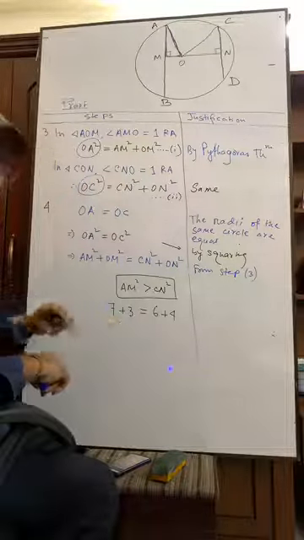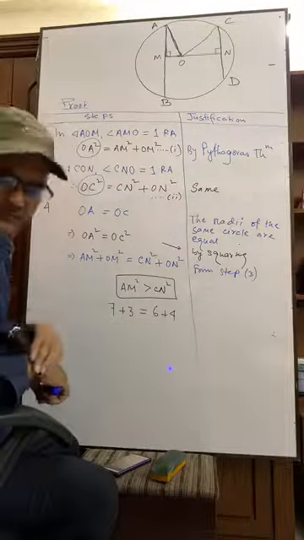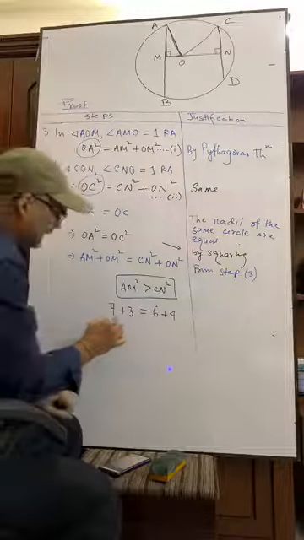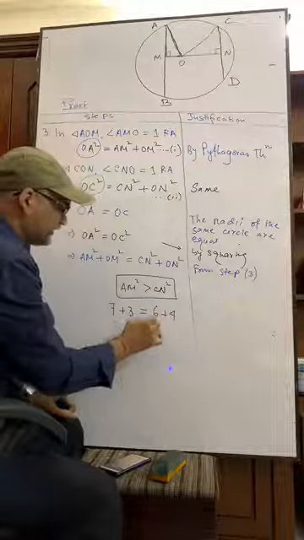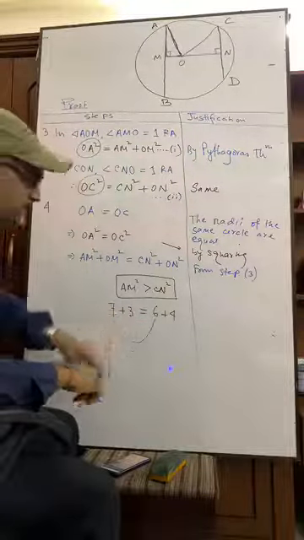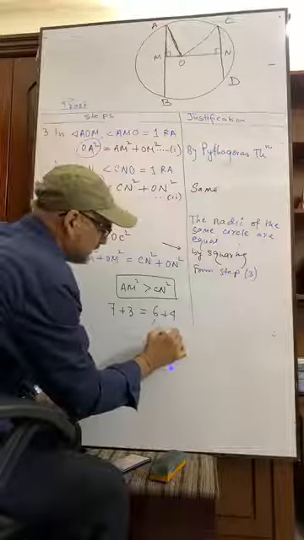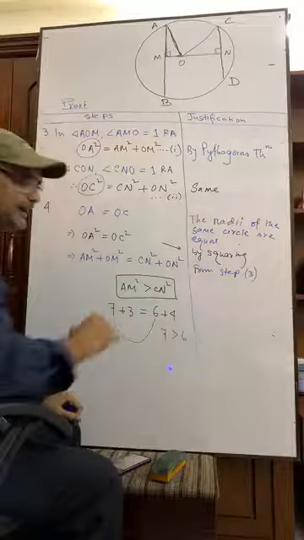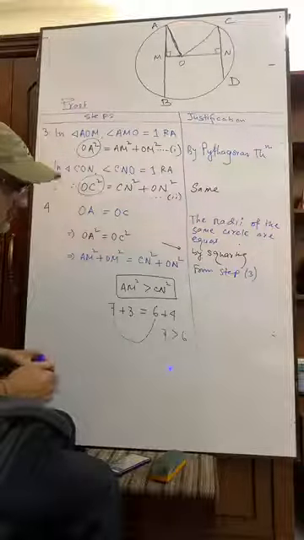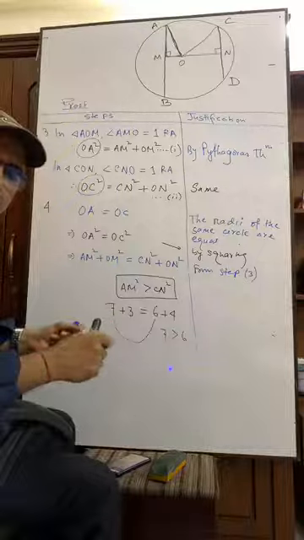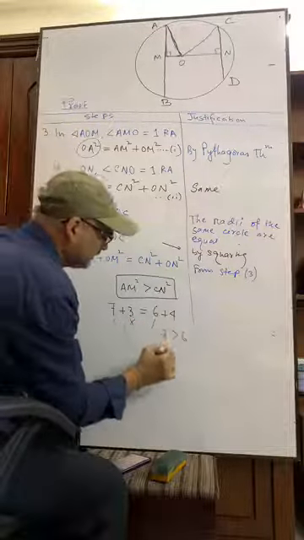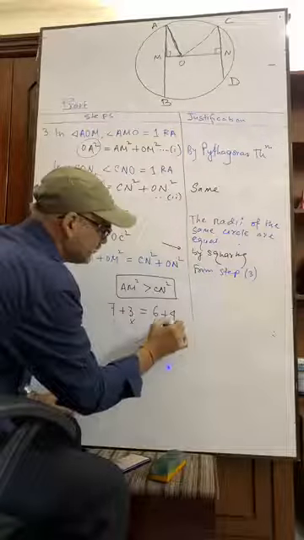Their sum is 10 and their sum is also 10, right? Now see, here 7 is greater than 6. To maintain the equilibrium, can you tell that this 3 is less than this 4?